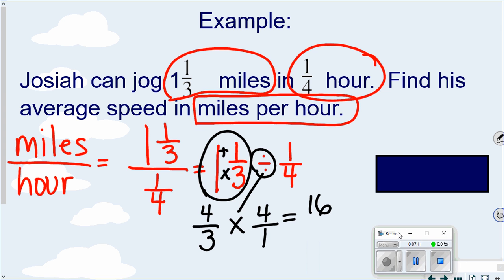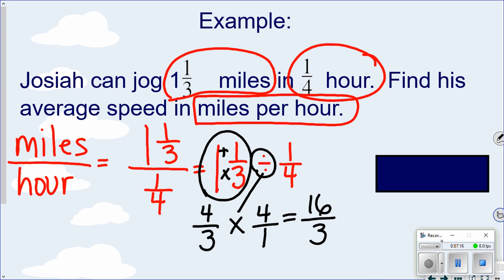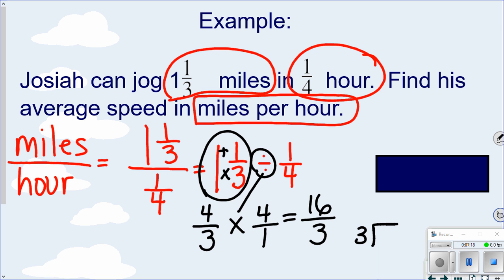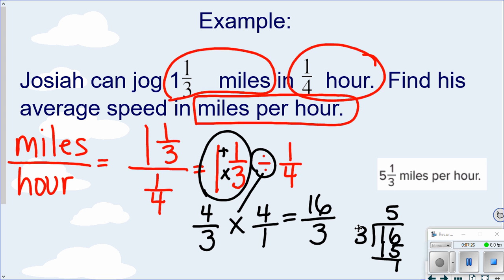And I have 3 times 1, which is 3. How many times can 3 go into 16? It can go in 5 times with 1 left over. So that means that you can travel 5 1/3 miles per hour. Please feel free to pause this video, rewatch any parts that are confusing, so that you understand this material better.